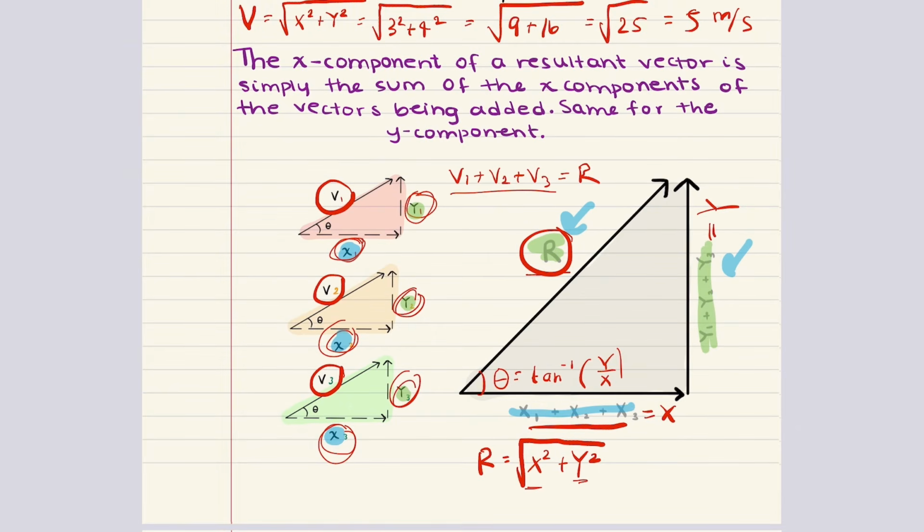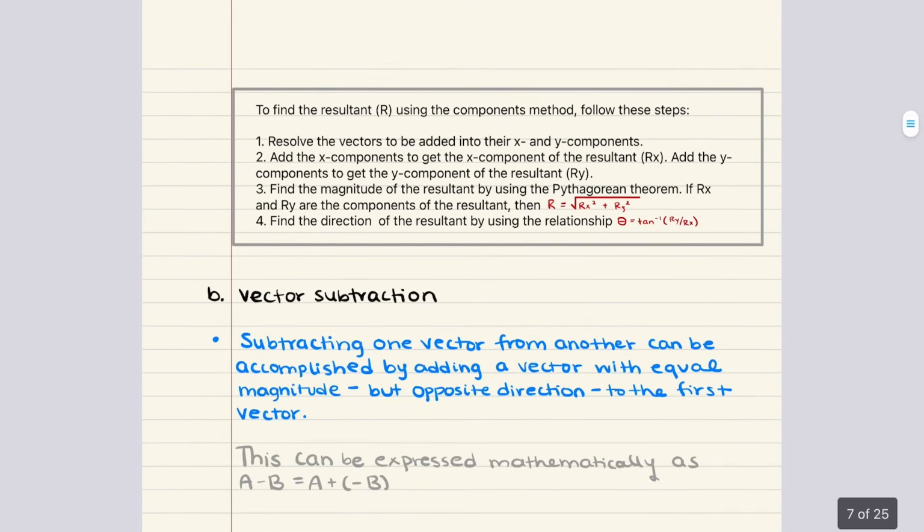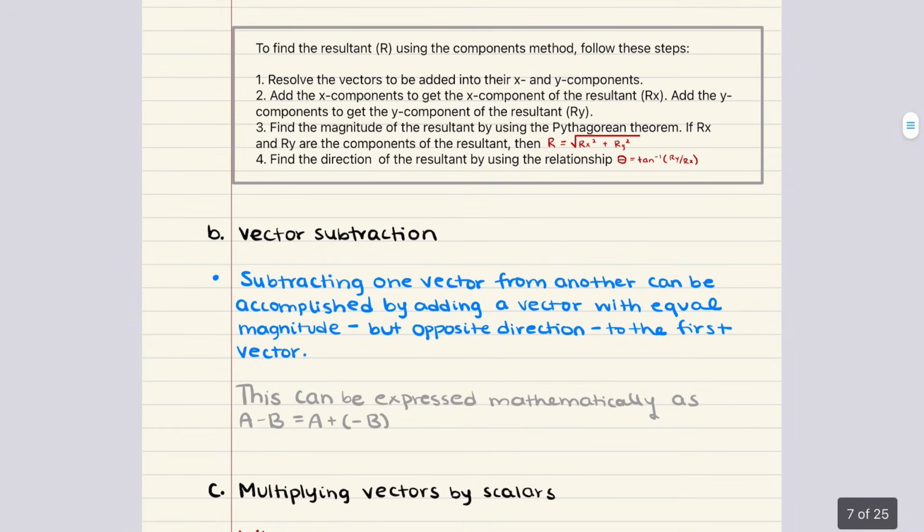Wonderful. So now that we understand how to add multiple vectors, let's go ahead and start to talk about vector subtraction. Vector subtraction is closely related to vector addition, and the principles that we've established for addition can be directly applied with a few modifications.